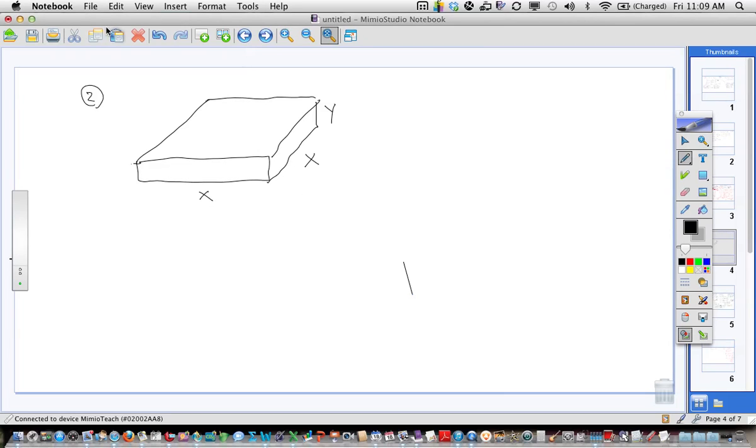All right, so what is going to change here? The volume is still x squared times y. But now we've got the girth, right? The long side plus the girth has to equal 108. So the long side is x plus the girth perpendicular to the long side.